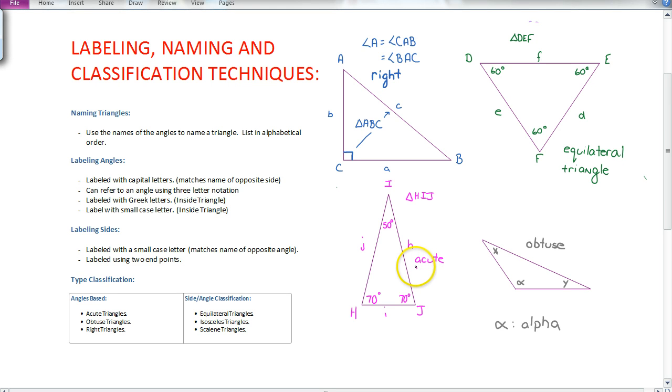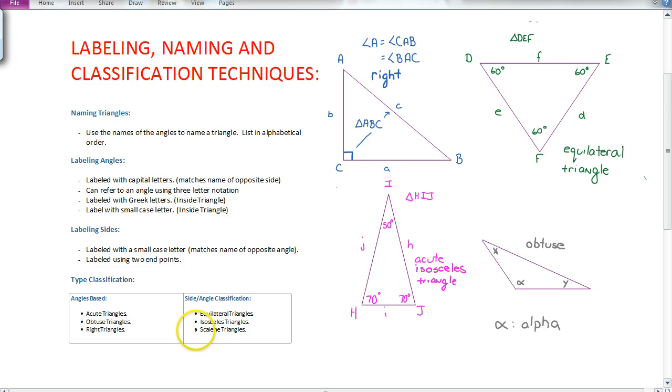Make sure you can spell this word. I-S-O-S-C-E-L-E-S. This is an acute isosceles triangle. Now, again, people don't often say acute isosceles triangle, but if we really want to be specific about this triangle, we need to put the word acute there because you could have an isosceles triangle with an obtuse angle.